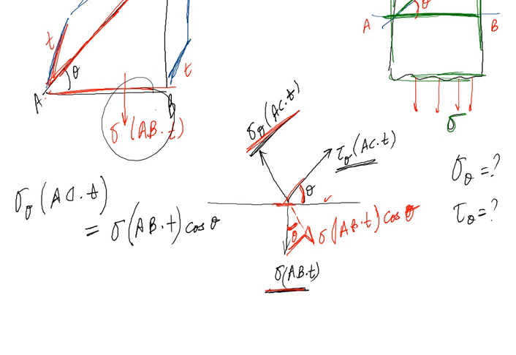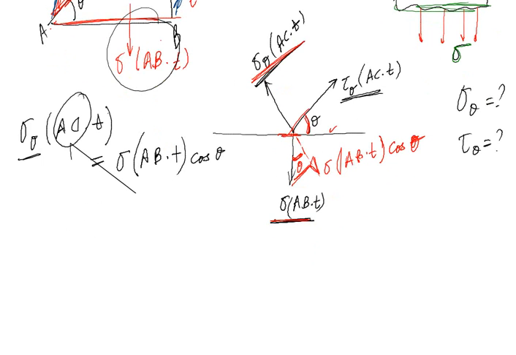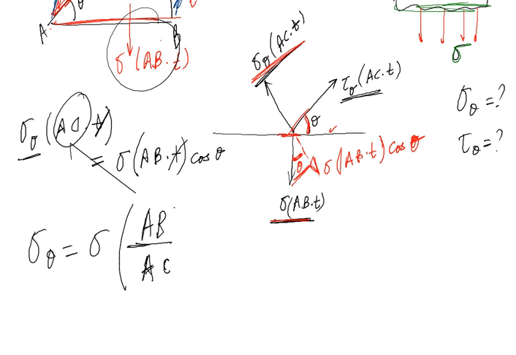Now if I find the value of sigma theta from this, bring this AC in the denominator, so you would get sigma theta as sigma into T, and T would cancel out. You would have AB by AC into cos theta.